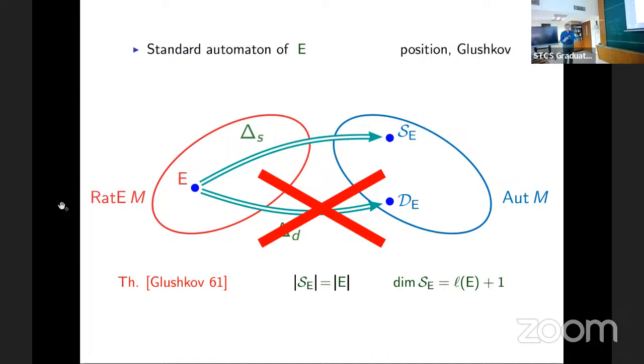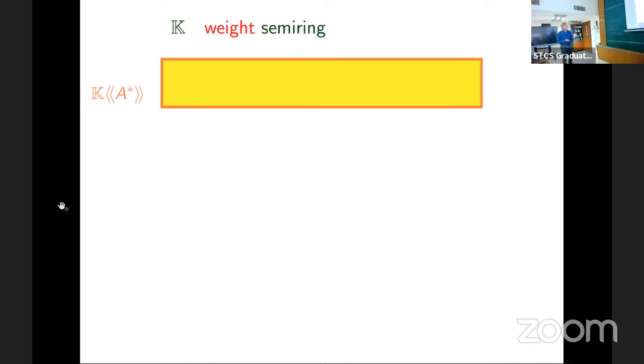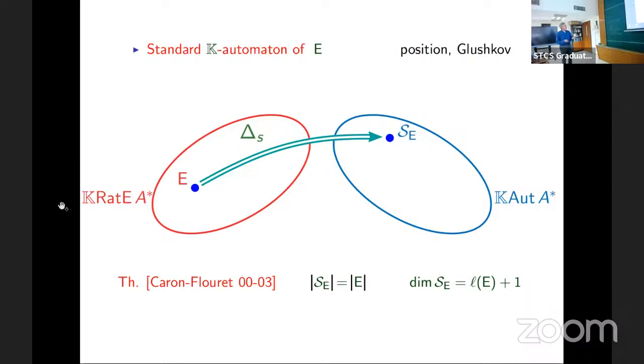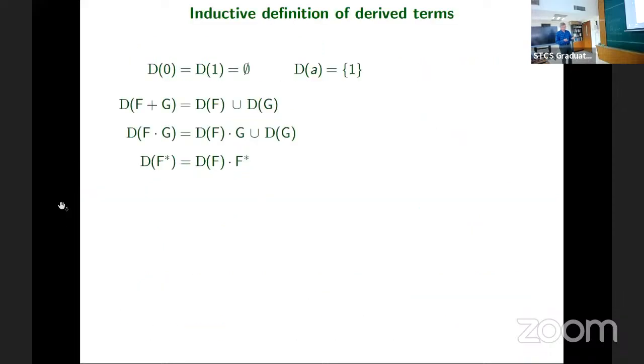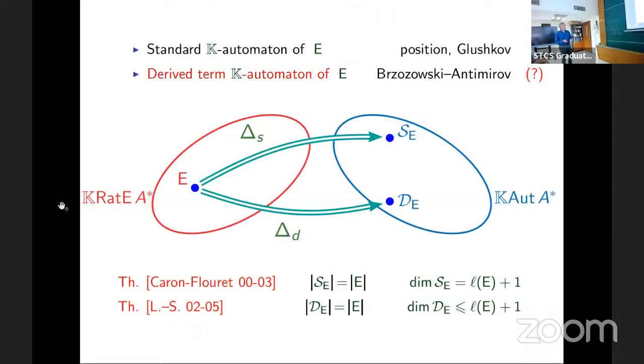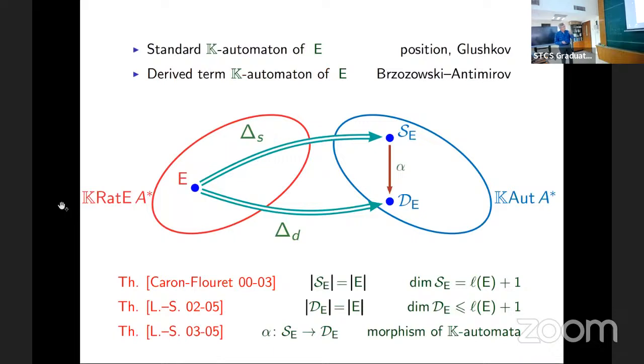Somehow the other result consists in showing that it's still possible, because in fact what was called this derivation, related to quotient, has nothing to do with it.